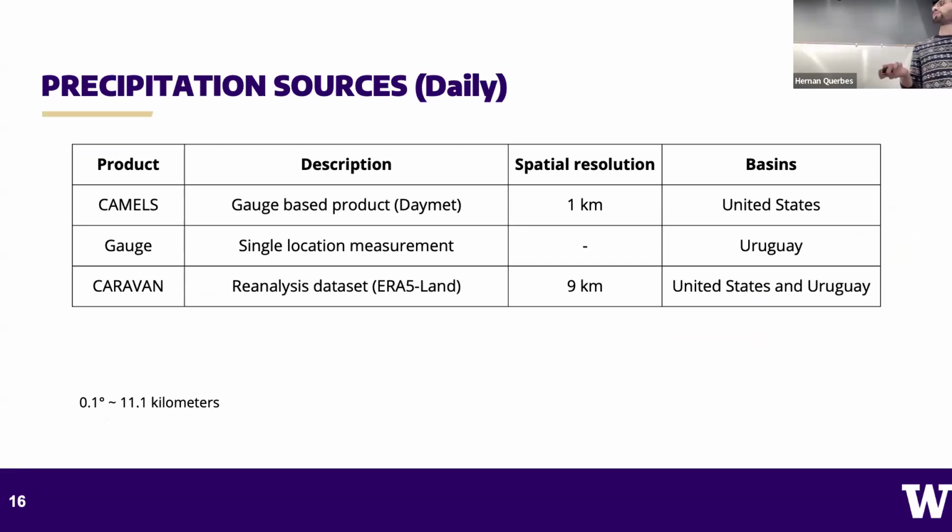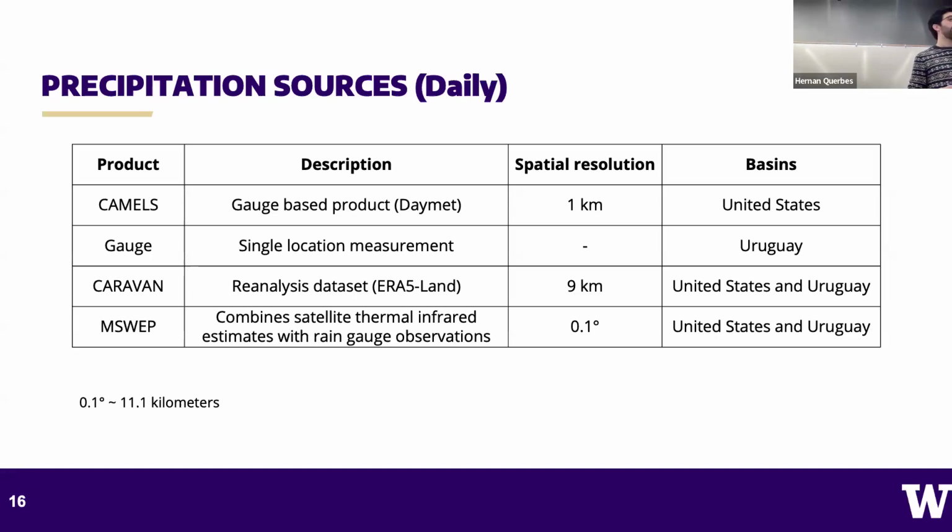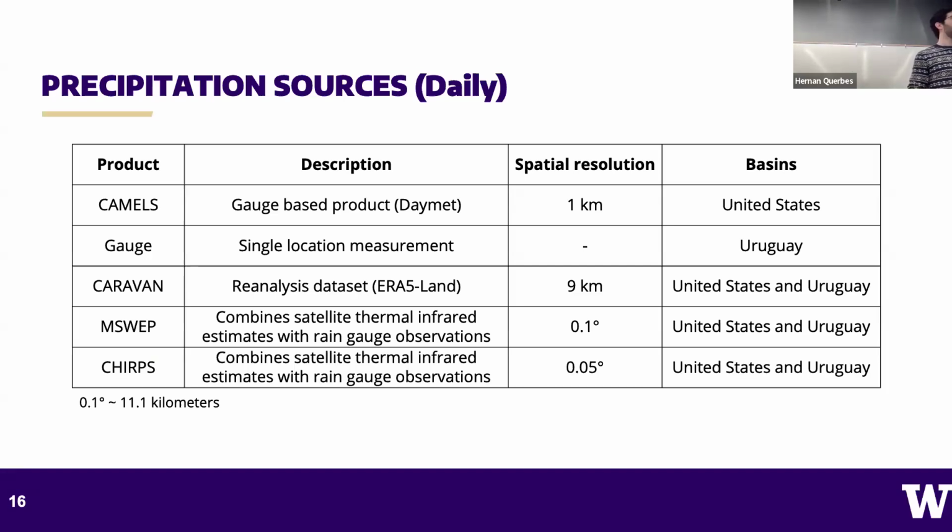Finally, I'm using CARAVAN, which is a data set based on reanalysis products. So basically, they are outputs of numerical modeling. It is based on ERA5 blend. And then we have MSWEP and CHIRPS. These are data sets that use reanalysis data, but also they introduce satellite information and gauge observations around the world.